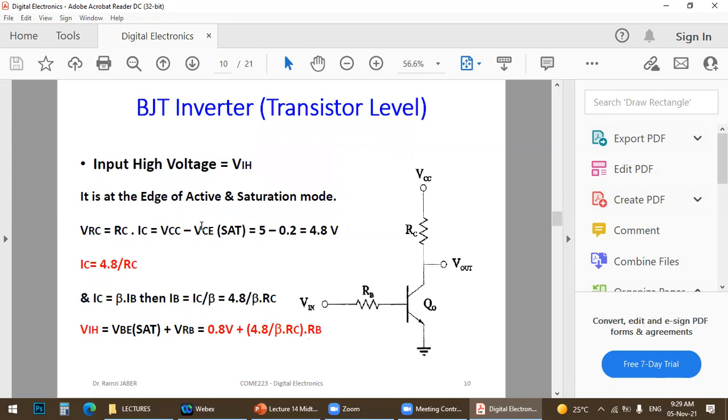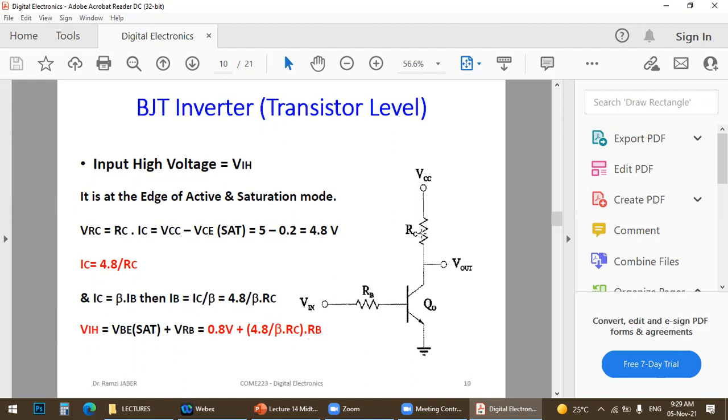Now, as usual, V equals R times I: the voltage equals resistance times current. We want to calculate VRC here. The voltage on RC in saturation mode or active mode is the same, so we use the saturation mode here. So VRC equals RC times IC, the resistor value times the current inside it.